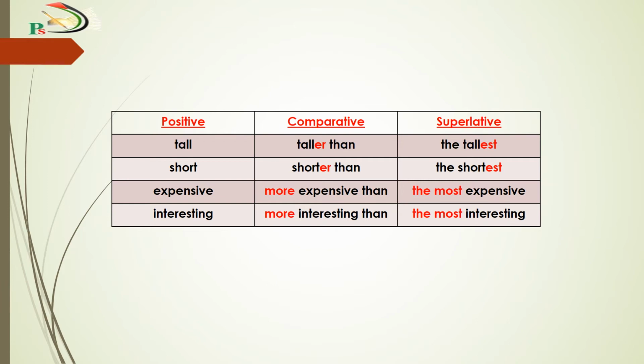For example, we say the tallest, the shortest. But if the adjective is more than one syllable, like expensive, we use the most plus adjective. For example, the most expensive, the most interesting, the most beautiful. When we use superlative adjective, we use a key to refer to it, that is the.